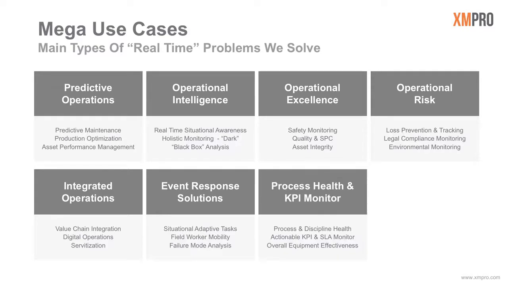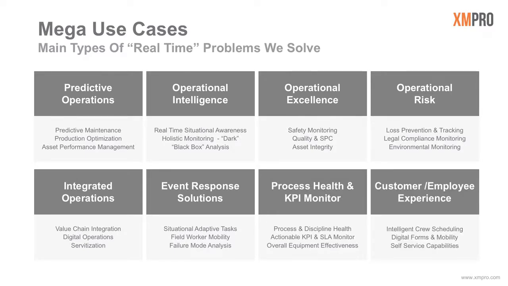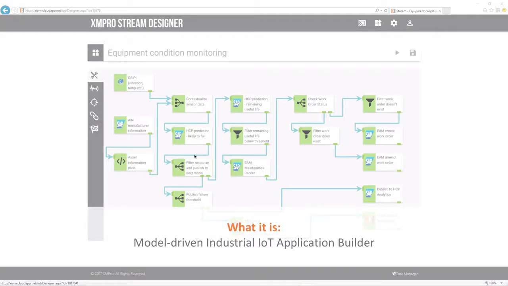Quite often that relates back to process health: what is the overall status of the different areas of my business process, so that I have the awareness to respond quickly to things that may impact my business. And lastly, one of the key things around running businesses these days is making sure you have a good customer and employee experience, and real-time responsiveness is becoming more and more a key part of that.